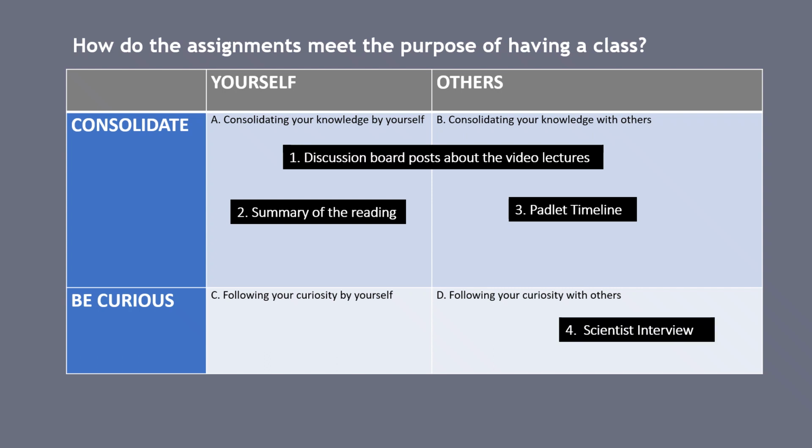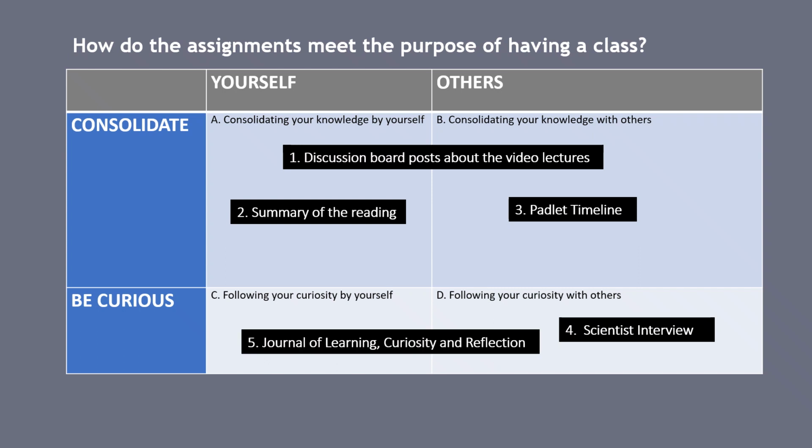Then the scientist interview, you'll be voting on questions that you want to ask, and that will really be following your curiosity with others. And last but not least, the Journal of Learning, Curiosity, and Reflection will involve some discussion with other people as well as figuring out what you know and what you're more interested in. So that's how I think the assignments line up in terms of what it means to have a class.